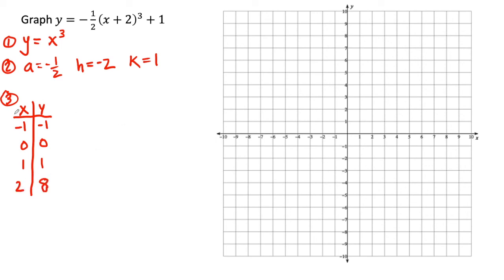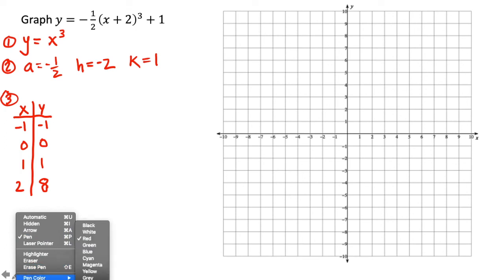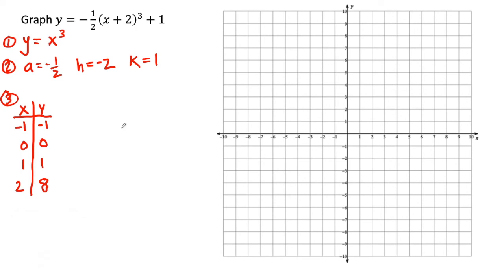And so we're going to perform the transformation on our x's and our y's to see what our new graph would look like. So I'm going to make a new table. X plus negative 2, and then I'm going to have negative 1/2 times my y value plus 1.